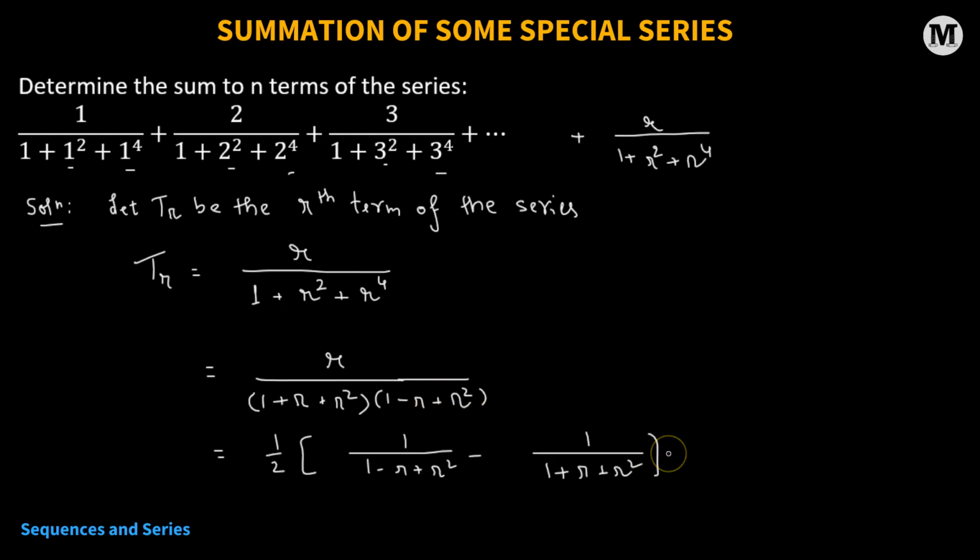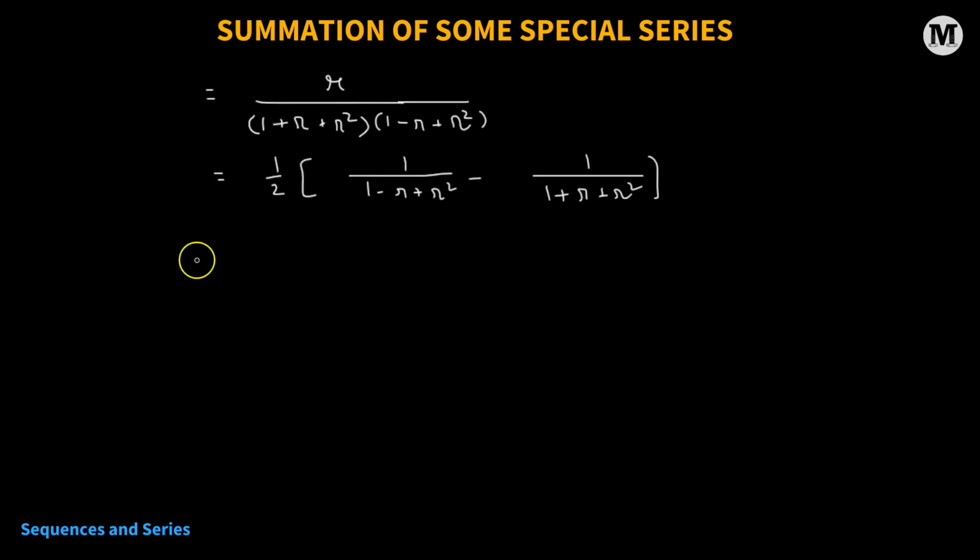Now that we have the rth term, we are ready to obtain the nth term of the series. However, before continuing, let me give you a quick hint how to get this particular result. I mean, how to get these two partial fractions from the single fraction. We can use the method of partial fractions.